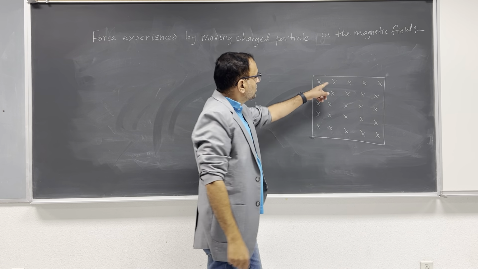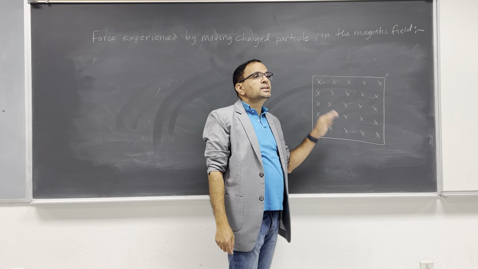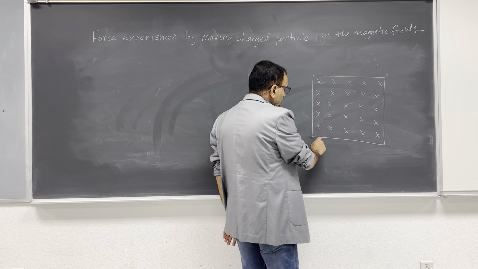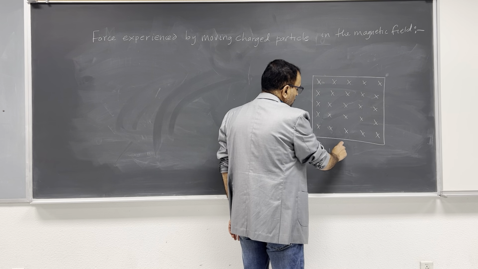This means if you have a cross mark like this, the magnetic field is into the page. This is B, magnetic field into the page.